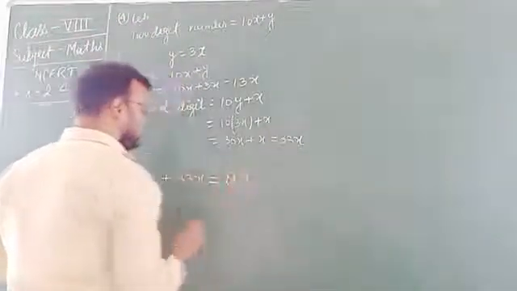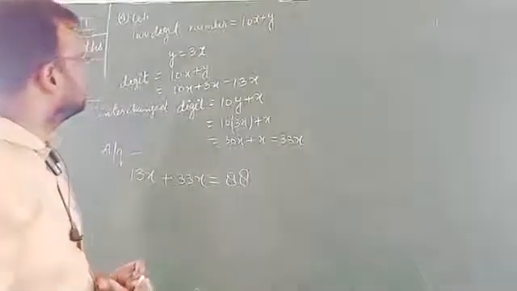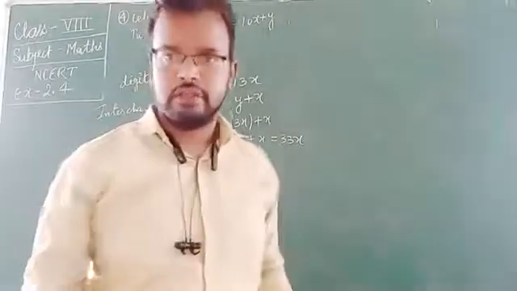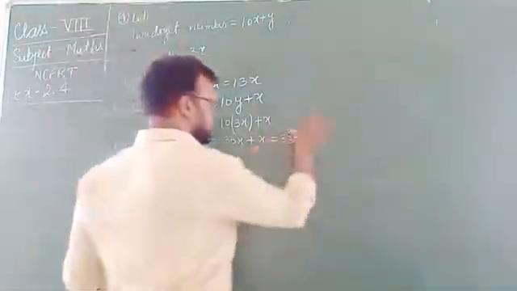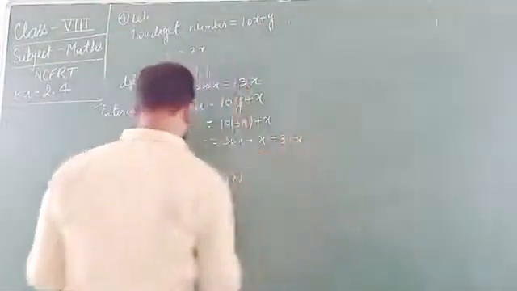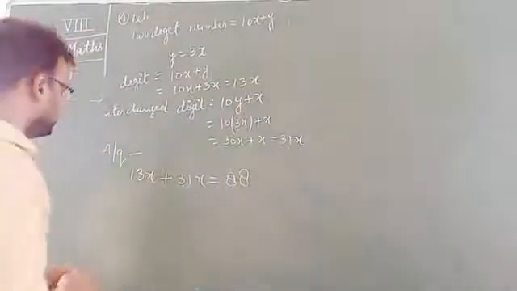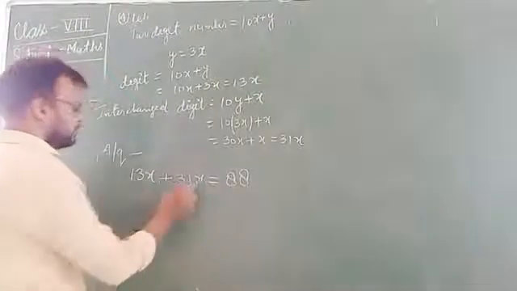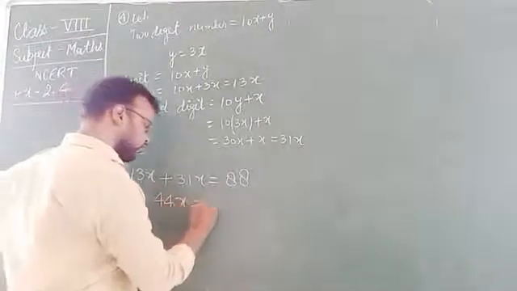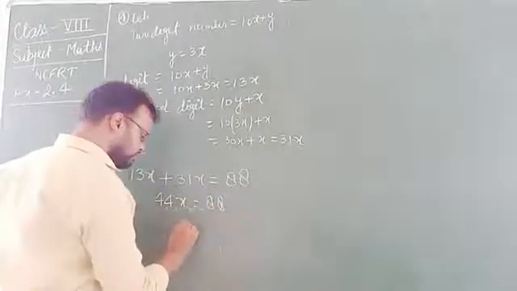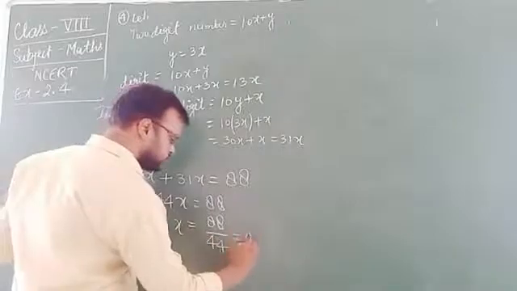Here I made a mistake: 30 plus x is 31x, and here we add 1. Okay? No, it is correct. 13x plus 31x is 44x equals 88. So x equals 88 upon 44, that is 2.